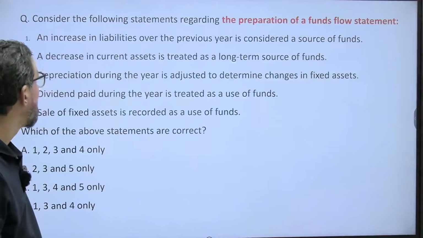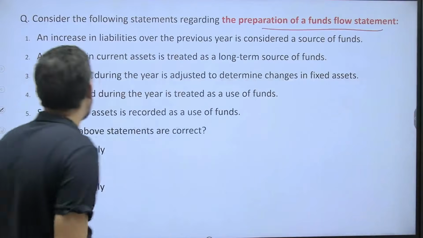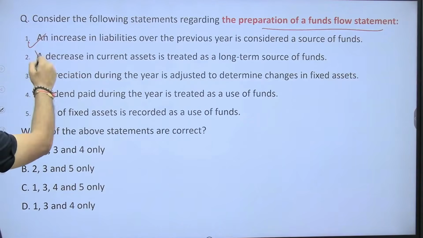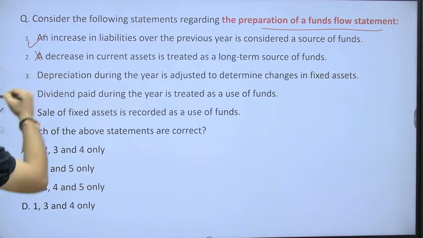Next one. Consider the following statements regarding the preparation of fund flow statement. An increase in liability over the previous year is considered a source of funds. I guess we have solved this question. A decrease in current assets is treated as long-term sources. No, it is wrong.